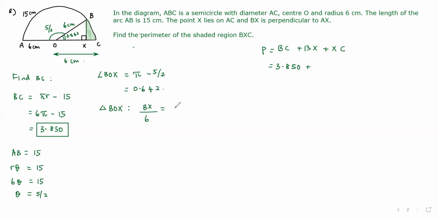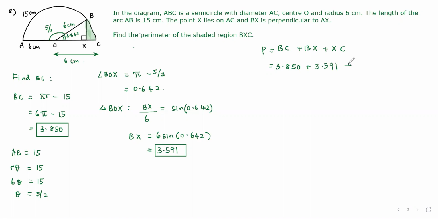So sine of 0.642 is BX over 6, and BX is 6 times sine of 0.642. BX here is 3.591.